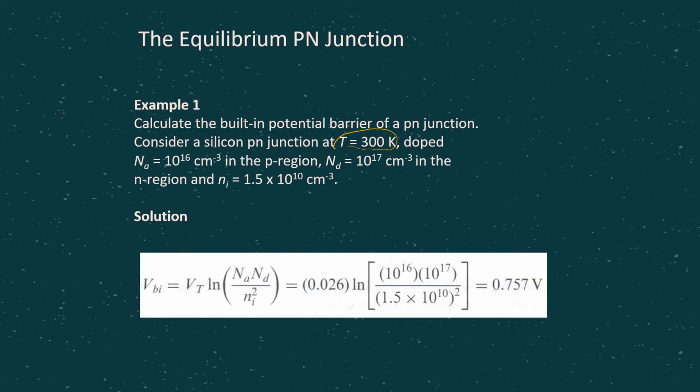What does it mean? It means that we need a voltage of about 0.757 volt for the electrons and holes to be able to cross the junction, for the carriers to cross the depletion region, for them to contribute to current flow in this PN junction.